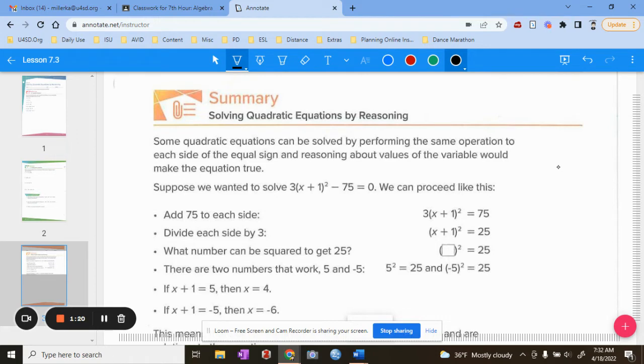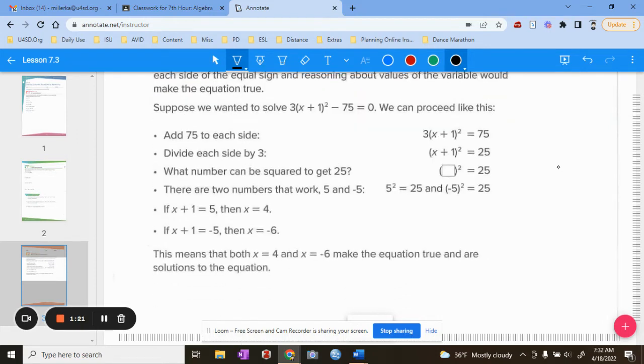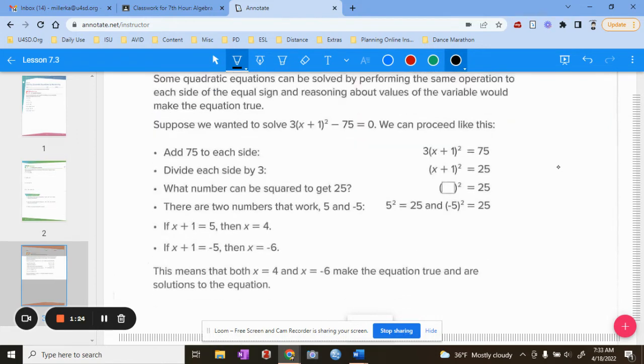And here is that process. We're going to start by adding 75 to both sides. So I will demonstrate that here. So we have remaining 3 times the quantity x plus 1 squared equals 75.